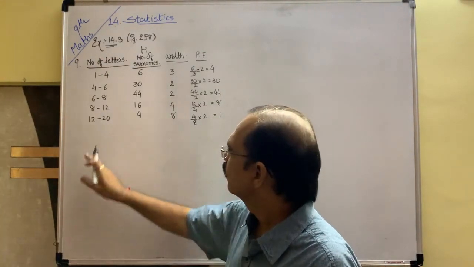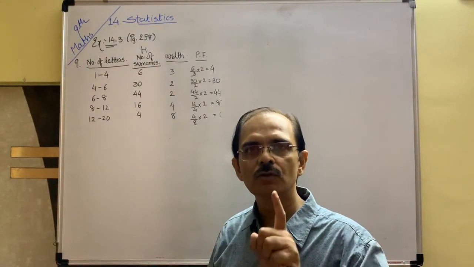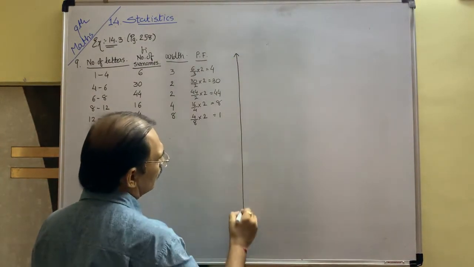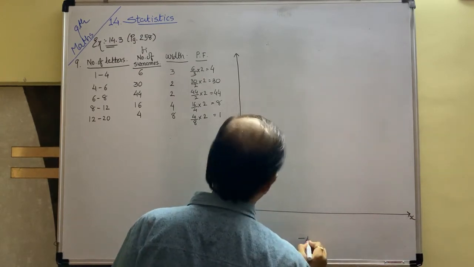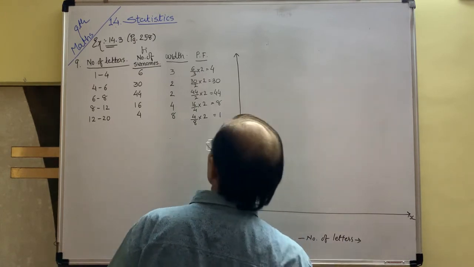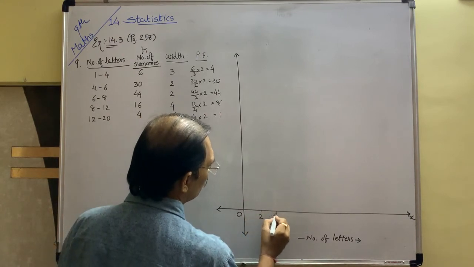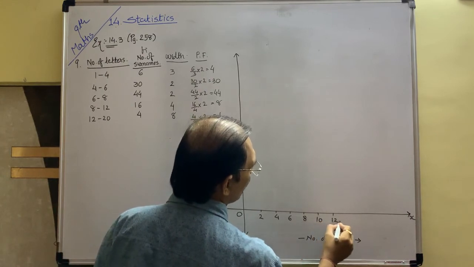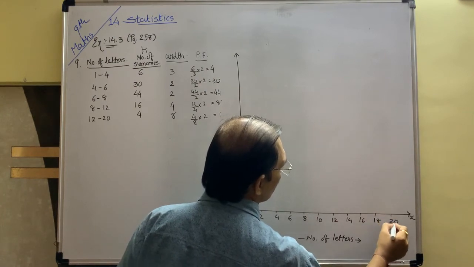Now draw the histogram. You have to take into account this and this. But here the classes are uneven. You have to draw them even. Like this. X-axis, number of letters, 1 to 20. I have to move. So I write 2, 4, 6, 8, 10, 12, 14, 16, 18, 20.